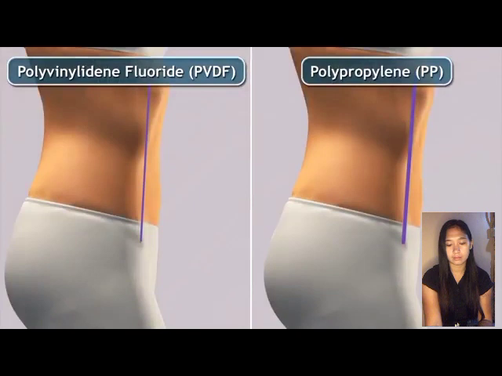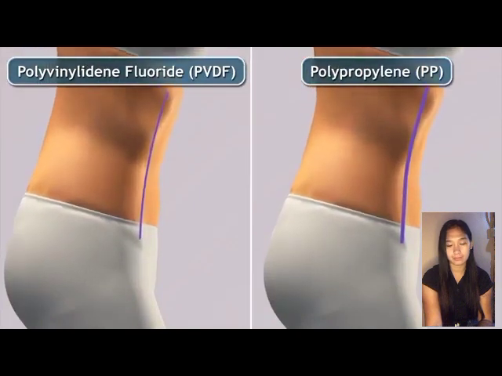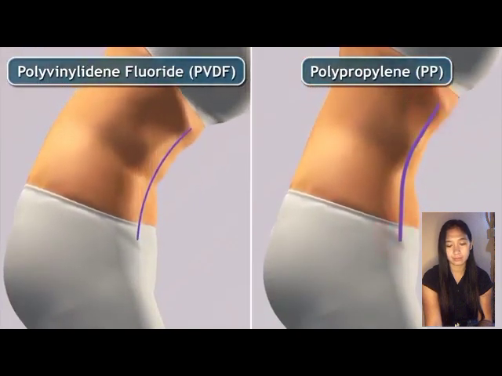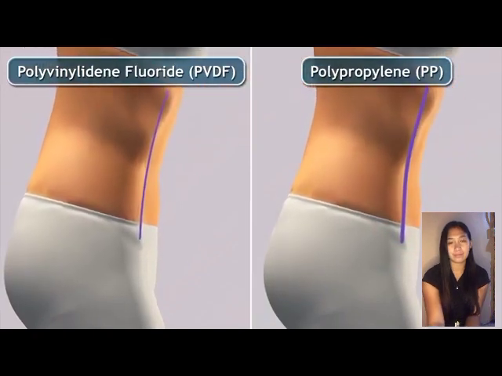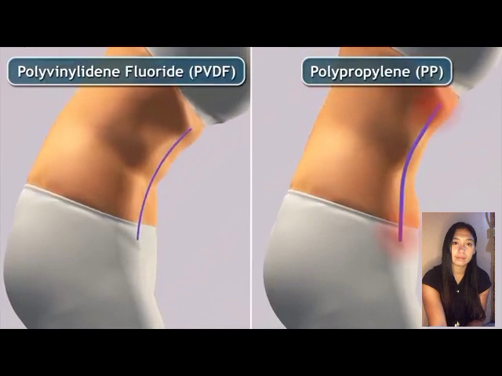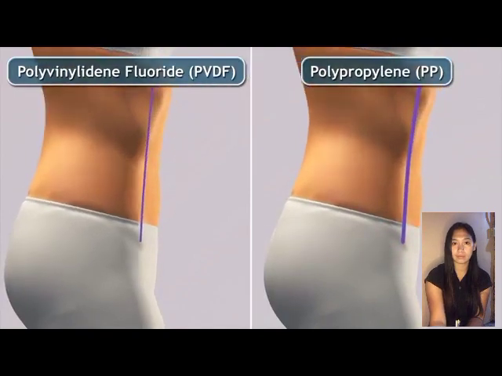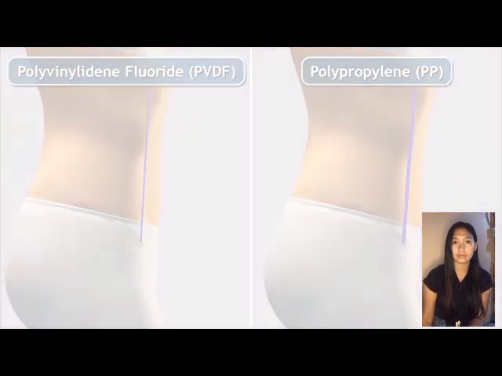For your patients, the reduced connective tissue induction of PVDF equates to retained flexibility of the abdominal wall, as well as optimal wearing comfort, with significantly reduced foreign body sensation.